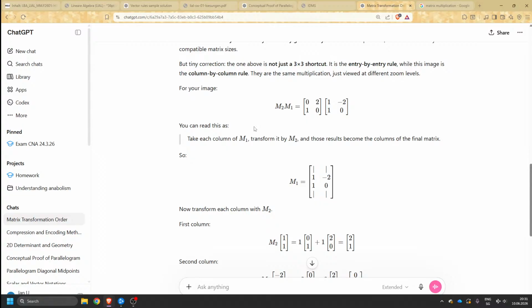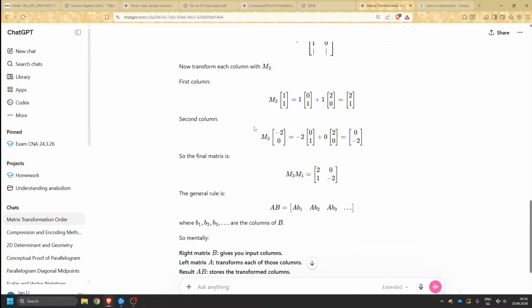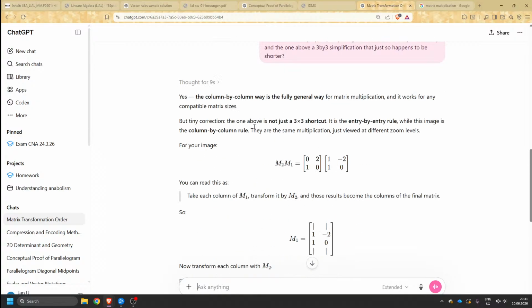Transform it by M2 and those results become the columns of the final matrix. Now transform each column with matrix 2. I don't really get from your image. Take each column of M and M2, and those results become the columns of the final matrix.